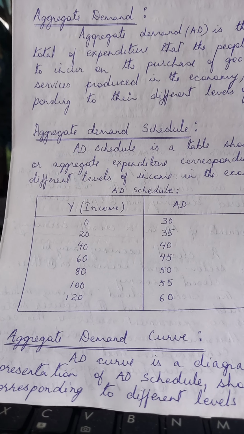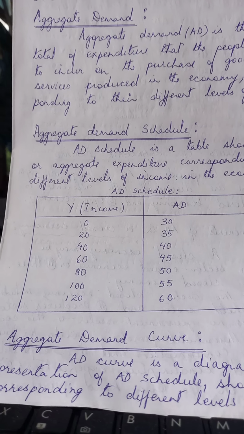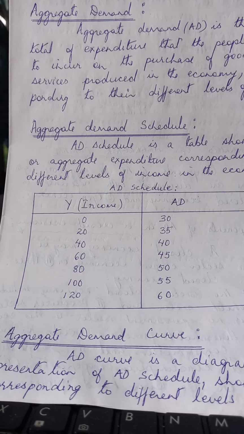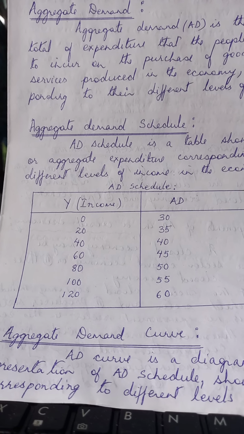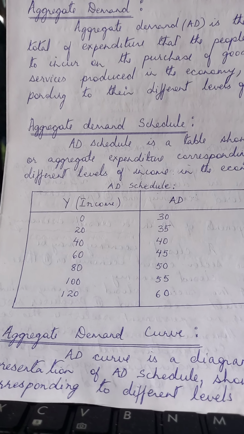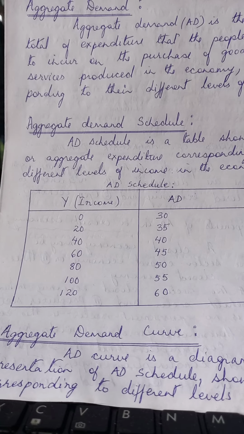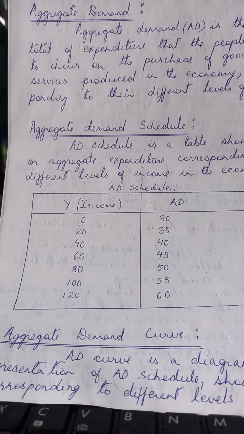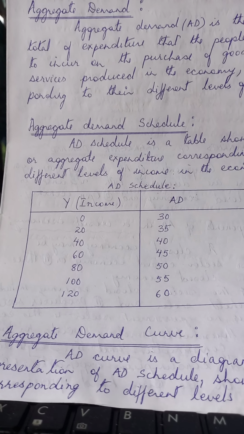So if we add up all the expenditures incurred by all the people on the different goods and commodities that they need, given their different levels of income, that is referred to as the aggregate demand.